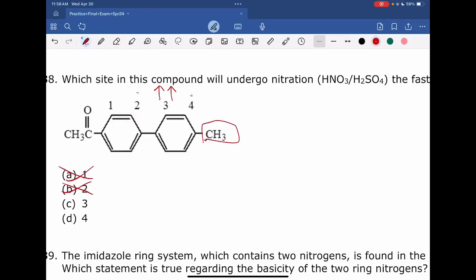Because this methyl activates this position and this position. And this R group activates also this and this. And the ortho positions are also activated, but they're already taken, so it doesn't even matter. So it just comes down to sterics.